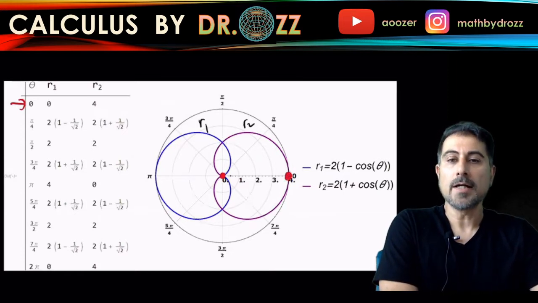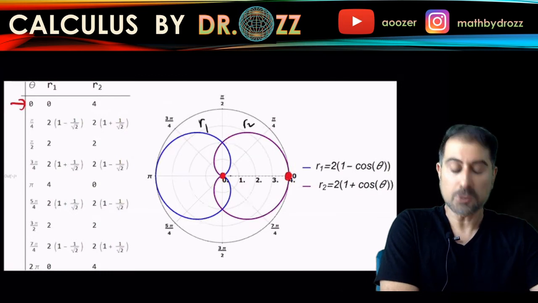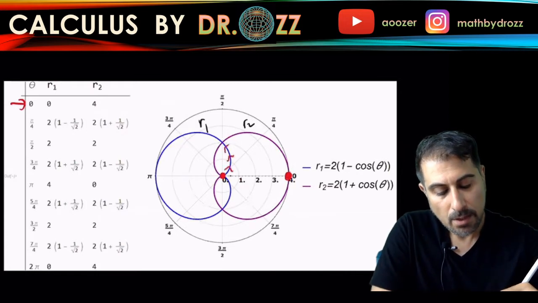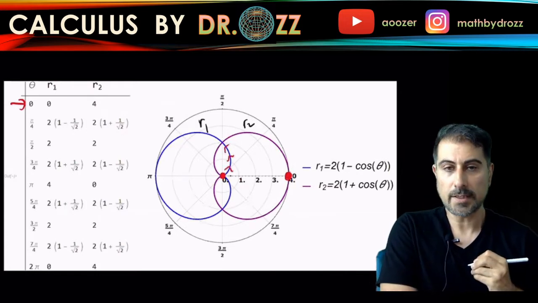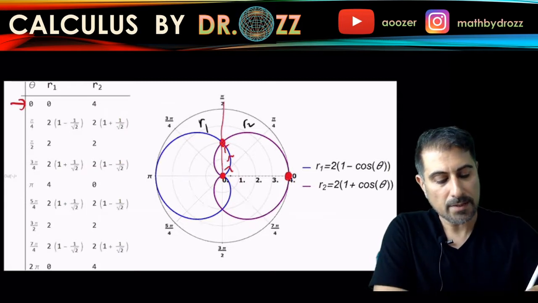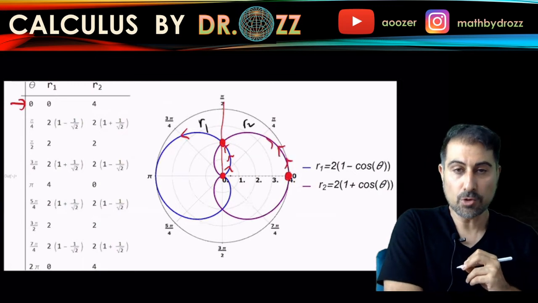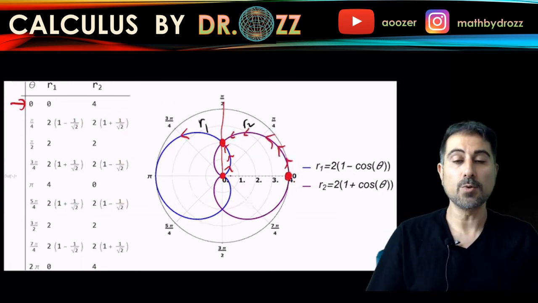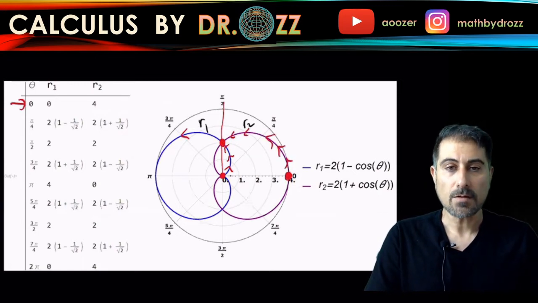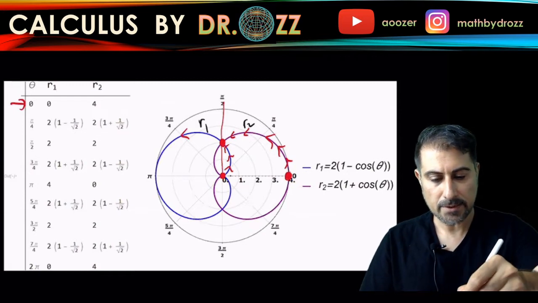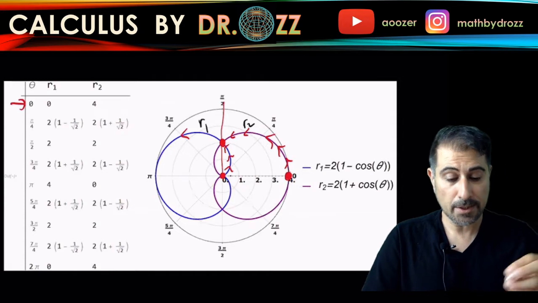Both get the value of 2. So this one is going to follow this path, and at theta equals pi over 2, r is going to be 2. So I can see the direction here. The same thing is happening here. This one is going to go all the way to theta equals pi over 2 and hit r equals 2 over there. Okay.